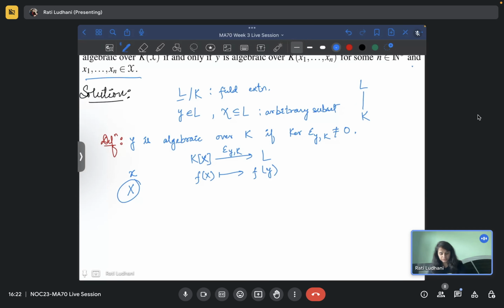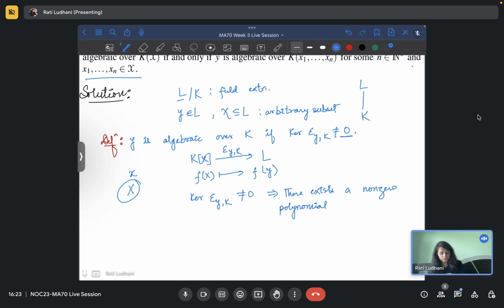Kernel is non-zero means there exists a non-zero polynomial. Because I'm saying non-zero, since 0 is always there: y will satisfy the zero polynomial, everything is a root of the 0 polynomial.